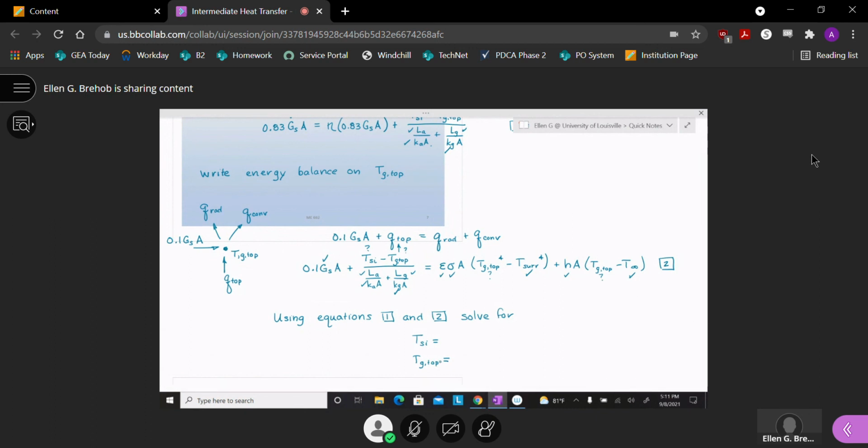I'm going to comment that it's not trivial to come up with the solution. I put it in EES because you can see I've got some temperatures to the 4th to deal with. And I think you guys have some other things that you may use, Wolfram Alpha or Alpha Wolfram, I never remember the direction. Some of you do solvers on your calculators.